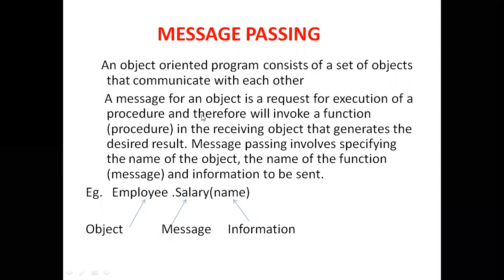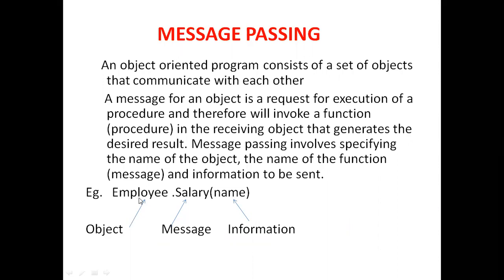So now you can see here, a message for an object is a request for execution of a procedure and therefore will invoke a function. See, we are calling the salary function with the help of an object. Sir, message passing means one function calls another function and carries the arguments. Same thing we are doing here. Employee is the object.